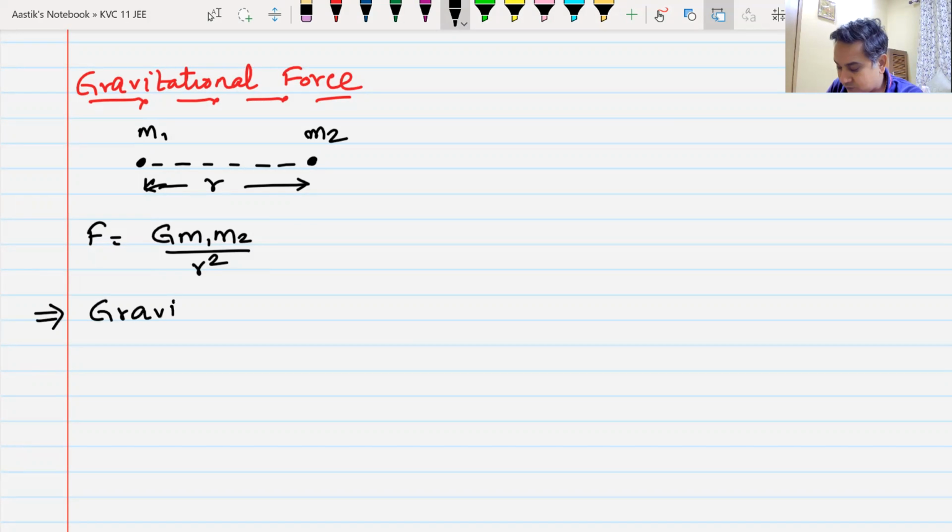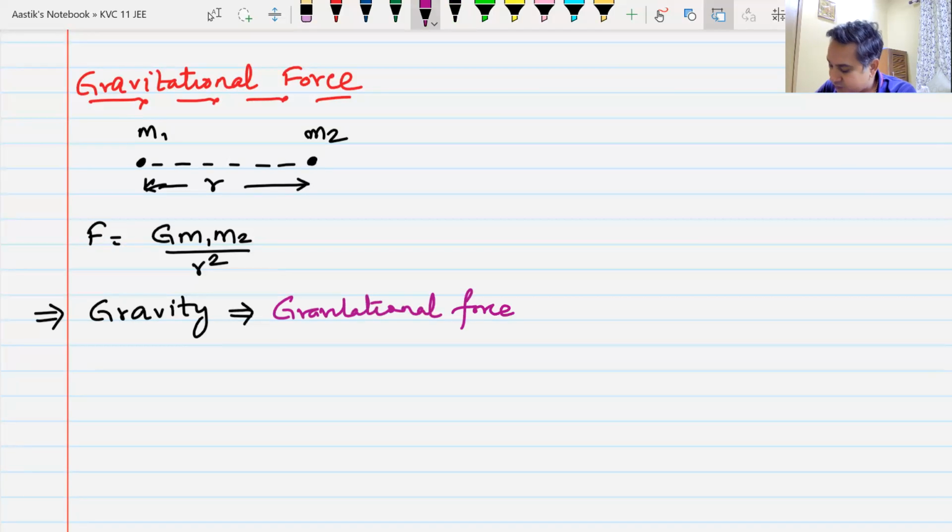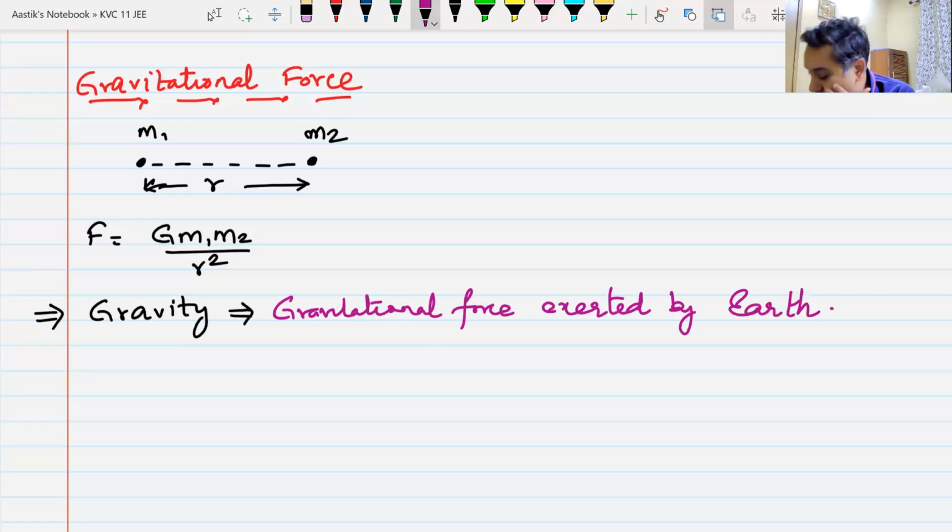And what is gravity? This is the gravitational force exerted by Earth on bodies like us, small bodies which are on the surface of Earth, or bodies which are very close to the surface of Earth.